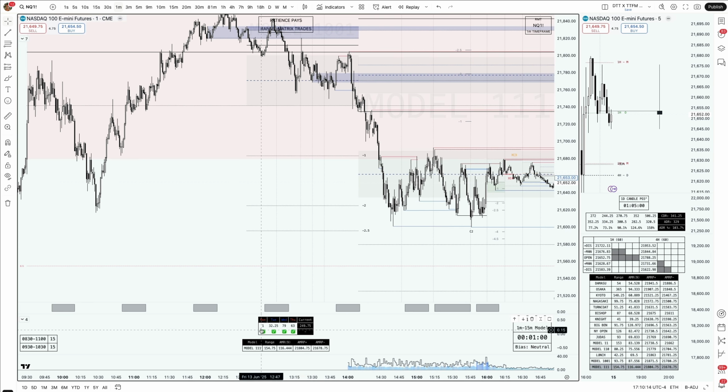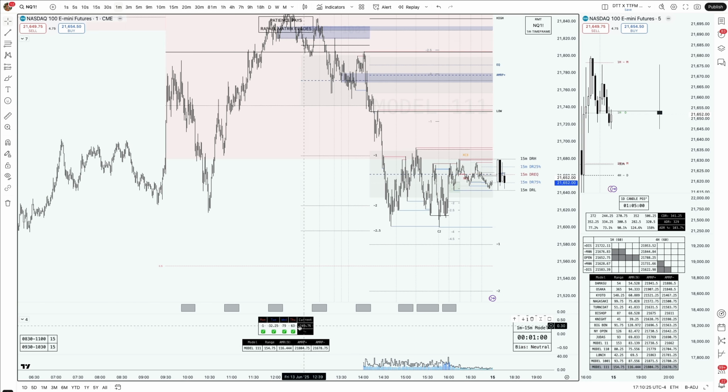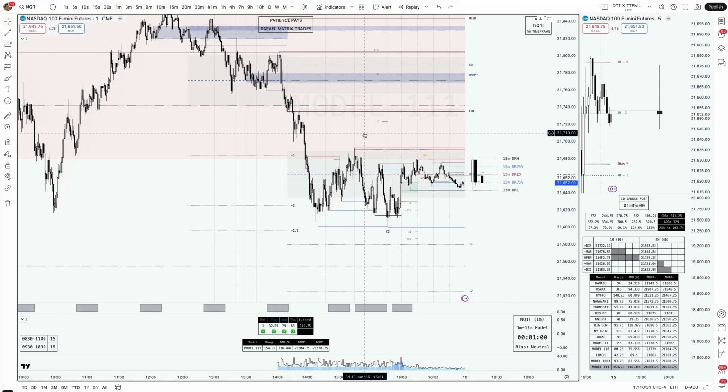We can see that Monday, Tuesday, Wednesday, and Thursday, the gap was already filled, with the green check mark and the size of each gap. Friday is still open, and then we have the current one, because now it is Sunday.